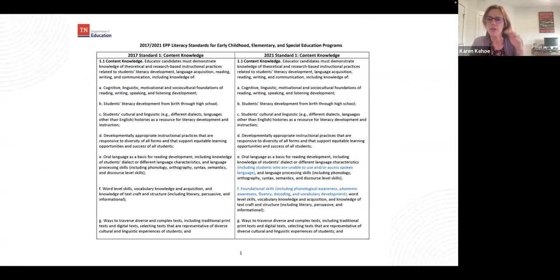So I will share these slides with you, but this is just that side-by-side comparison that I talked about. All of the blue text is how these standards were revised in response to the Literacy Success Act.